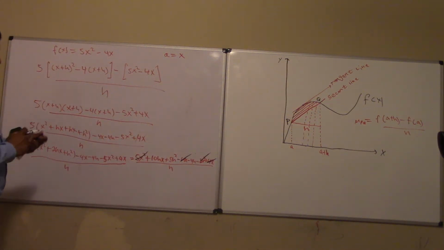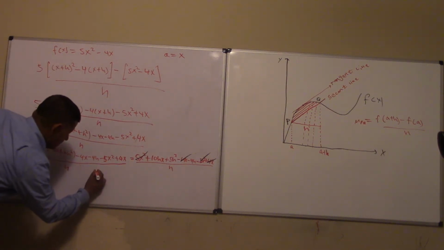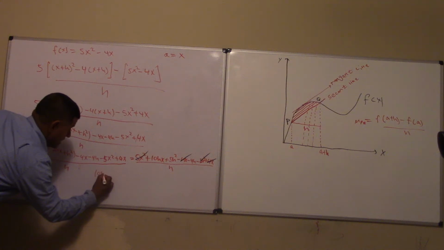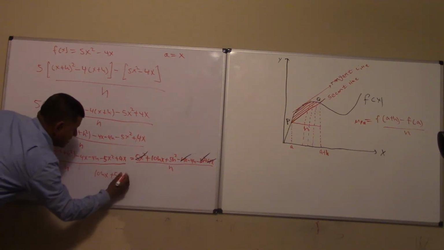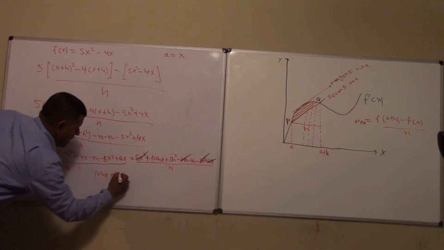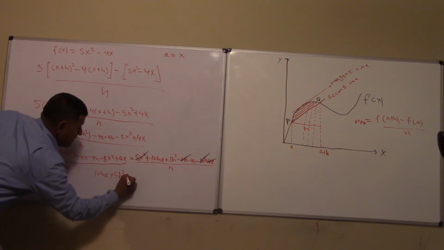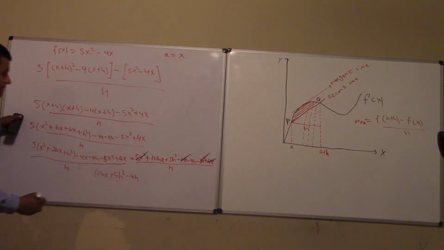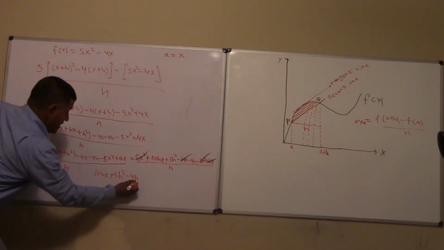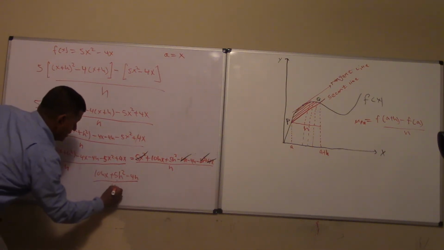So now over here I get what? I get 10hx plus 5h squared minus 4h, right? Over h, right?